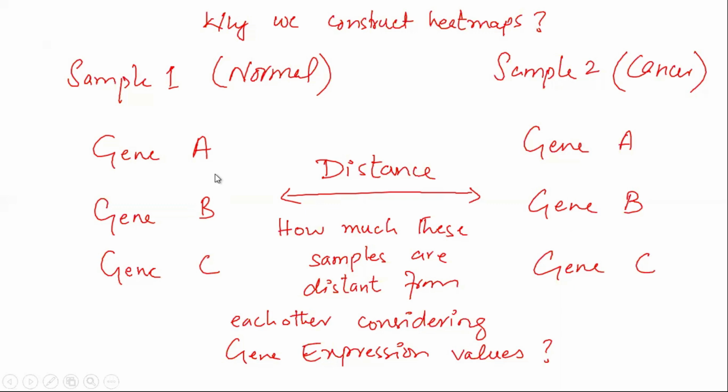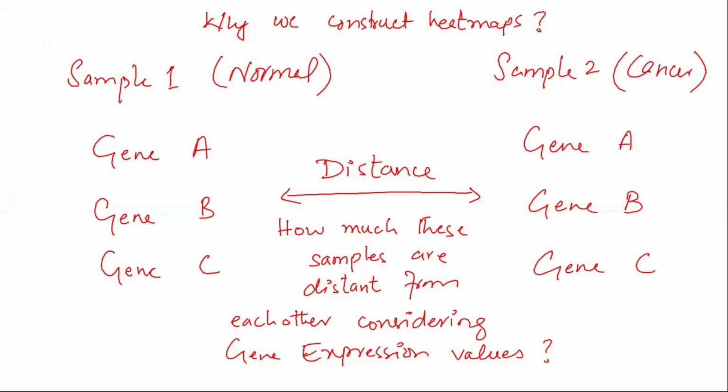Now gene A in normal has a specific gene expression, and similarly gene A in the cancer sample also has a specific gene expression. The same is the case with gene B and gene C. So how distant are these samples from each other considering gene expression values? We are checking the difference between two samples with respect to each gene expression. Very simple.